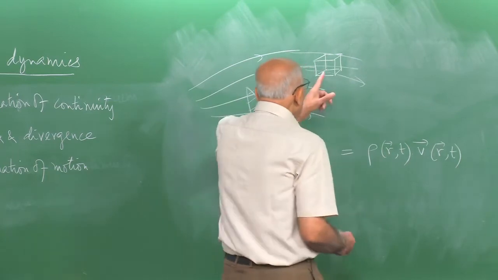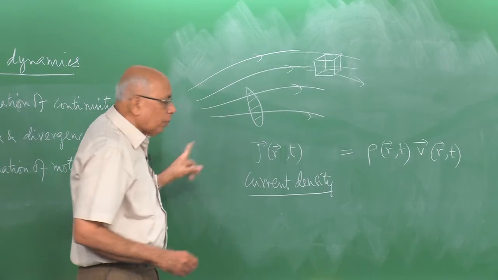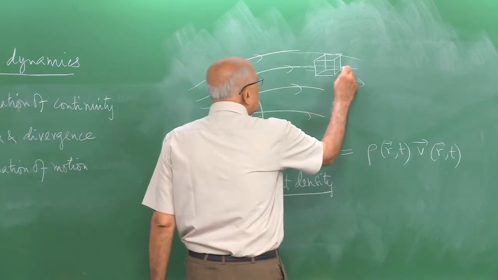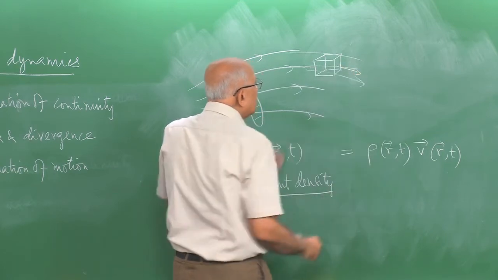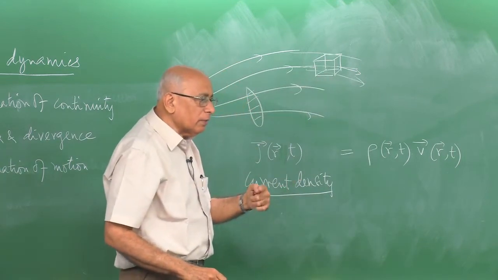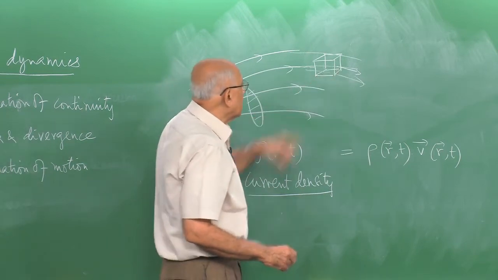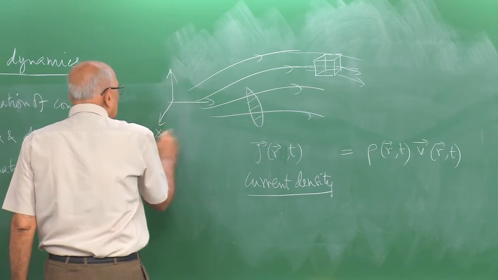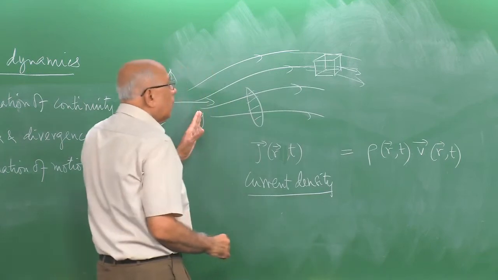Now, clearly if I use a volume element whose sides are parallel to the coordinate axes, then the contribution of a velocity vector pointing in this direction on that face would be the component of this velocity vector normal to this face. So, if I choose my coordinate system as usual x, y, z, this face is normal to the y axis.